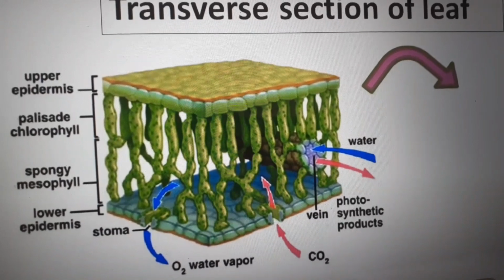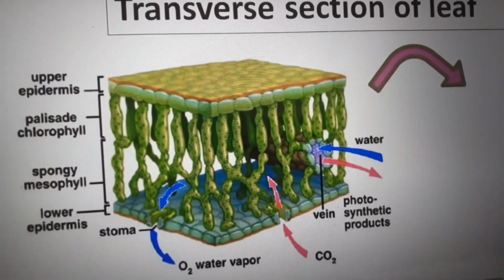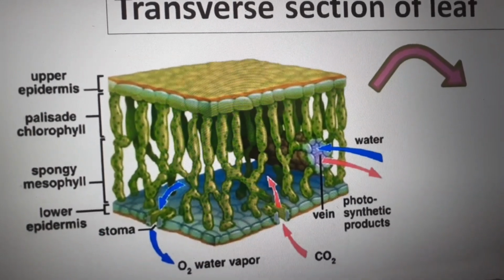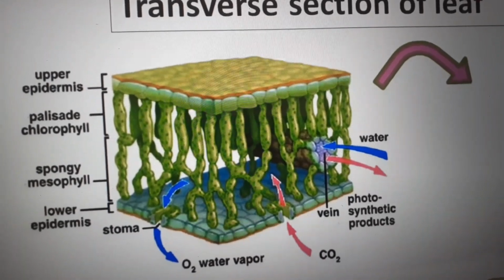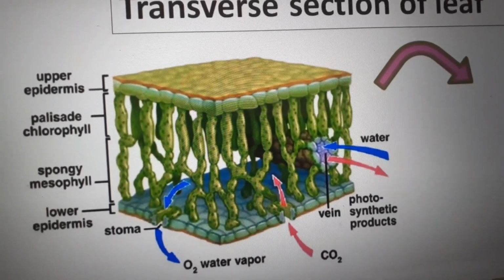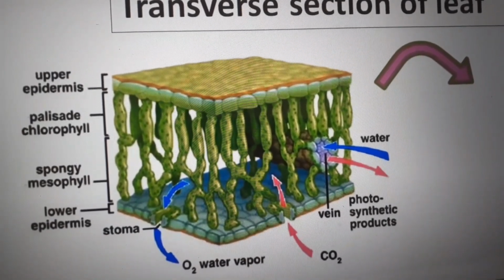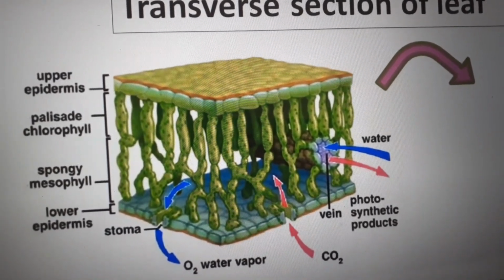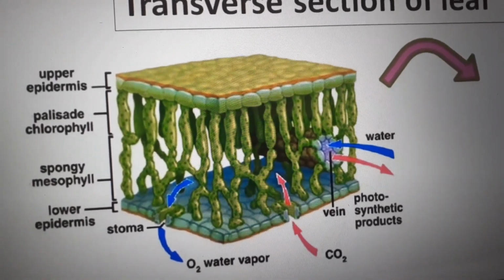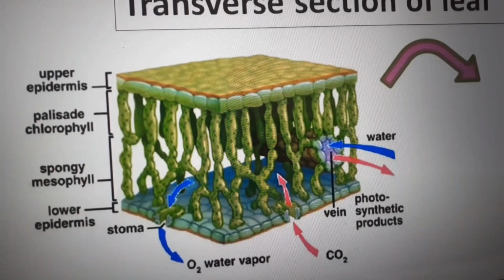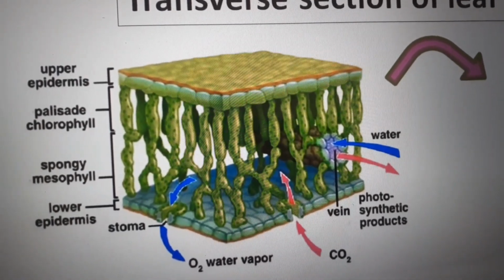It consists of the upper epidermis, the outer covering layer, the lower epidermis, the lower covering area, and the palisade chlorophyll structure, and the spongy mesophyll is also present in the mid part of the leaf. In the lower epidermis, the stomata, the porous structures, tiny openings for exchange of gases, appear. The majority of the stomata are present in the lower epidermis.